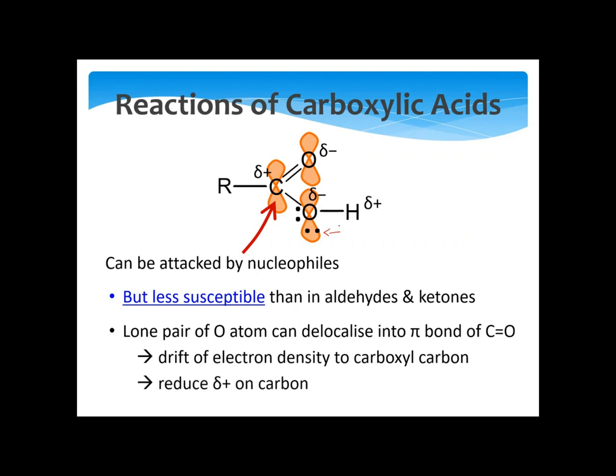So the carbon is not so electron deficient, the delta plus is not so big. It will reduce the delta plus on carbon, which is why carboxylic acids are generally less susceptible to attack by nucleophile. So let's take a look at what reactions they can go through then.